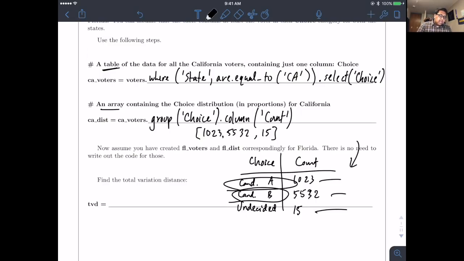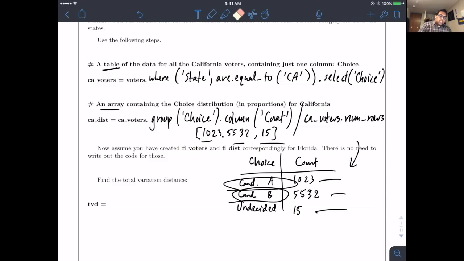But we want it in proportions, right? So we don't want the raw number of people who voted for each of the candidates. We want the percentage of people in California that voted for each of these people. So what we want to do is divide this by CA underscore voters dot num rows.